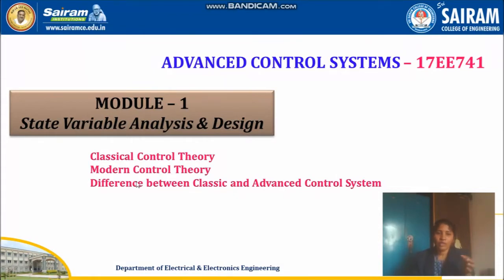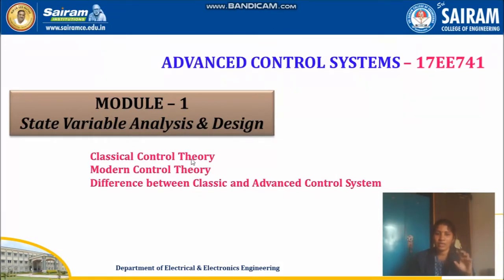Modern control theory is an advanced control system which employs the state variable approach, that is time domain analysis. In classical control theory, you have done the frequency domain approach, whereas in modern control theory, we employ the time domain approach, and it is applicable for both linear as well as non-linear systems.